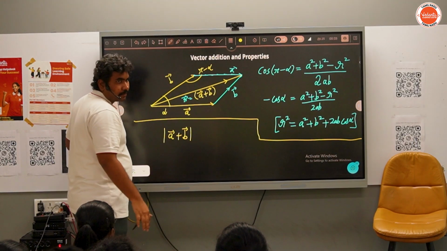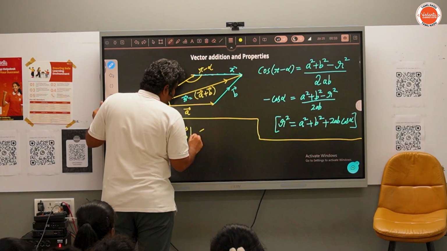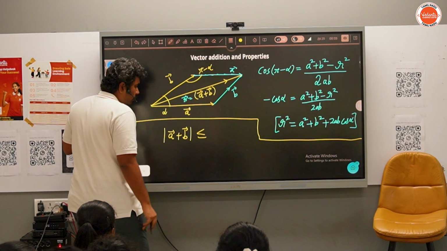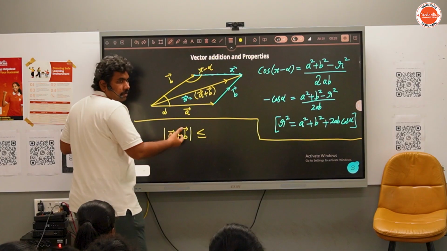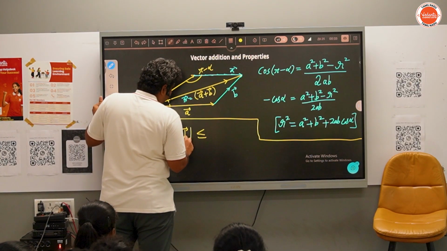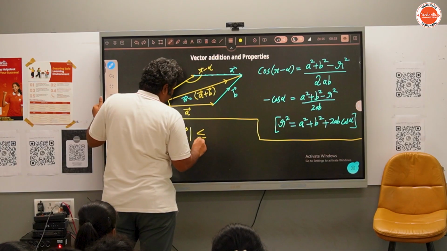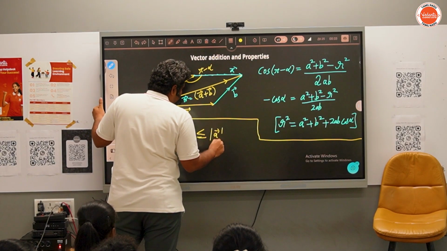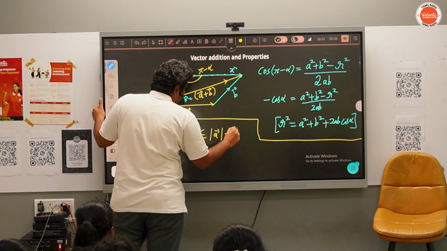Less than, right? It's going to be less than the sum of these two, and you can put equal to when both of the vectors are in the same direction. So modulus of a vector plus b vector is less than or equal to modulus of a vector plus modulus of b vector.